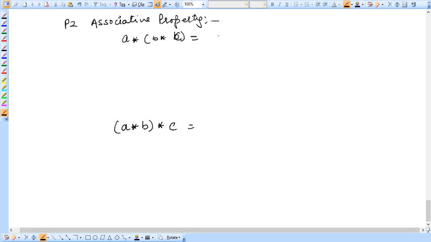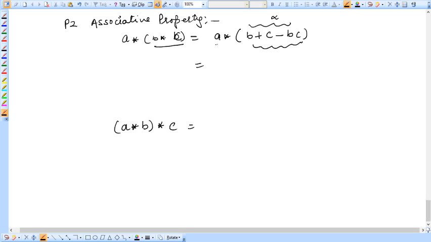Firstly you see this has been put in the bracket, therefore we are going to solve what is in the bracket first, because we know operation A star B is equal to A plus B minus AB. So therefore it would be B plus C minus BC. Further, this is one element now. Consider this like it is one element alpha.